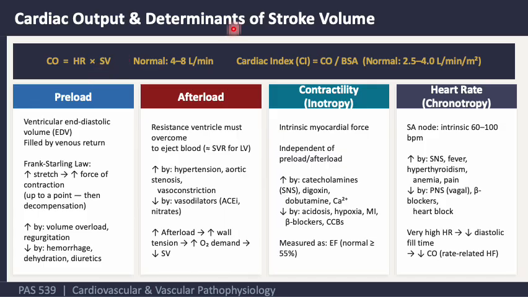These determinants usually affect stroke volume, and that's how the stroke volume actually affects the cardiac output. So the stroke volume is more sensitive to the preload, afterload, and the contractility, whereas the heart rate is a little bit more sensitive with the cardiac output.